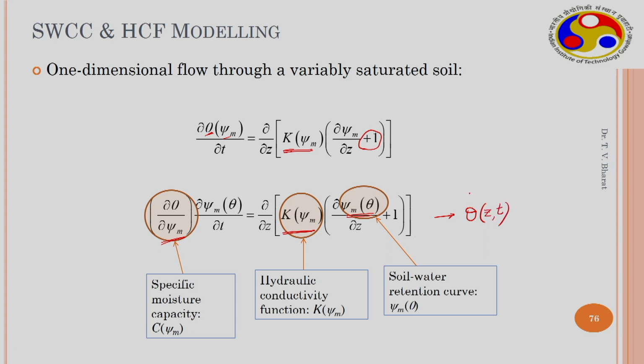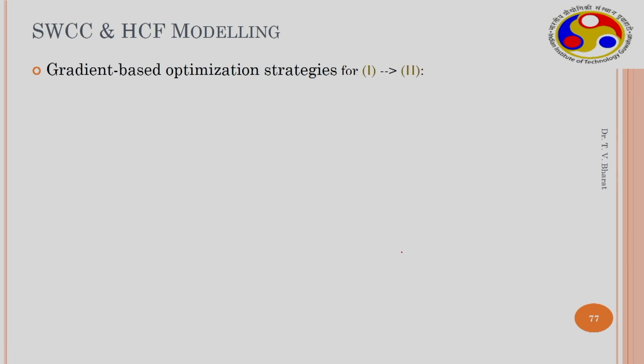So this is the data we are looking for. When we give this as an input, we get this theta. How do we get the soil water characteristic curve from the measured retention data? We have several optimization strategies like gradient based optimization. Those are classical methods to minimize the error between experimental data and theoretical data.